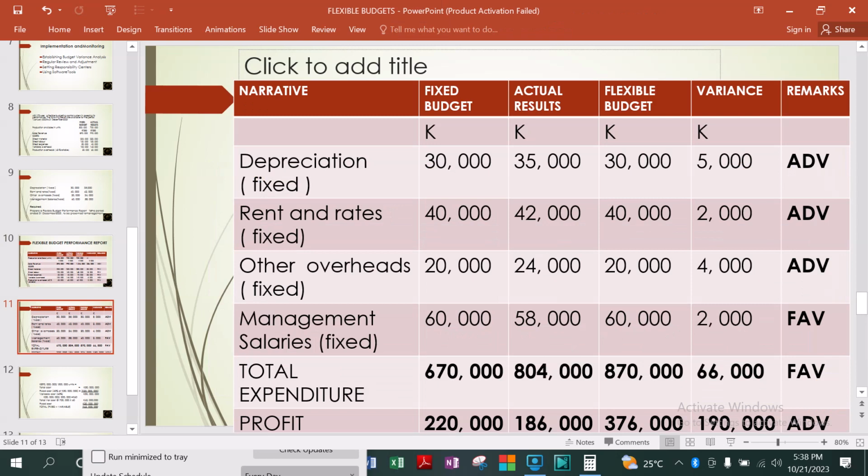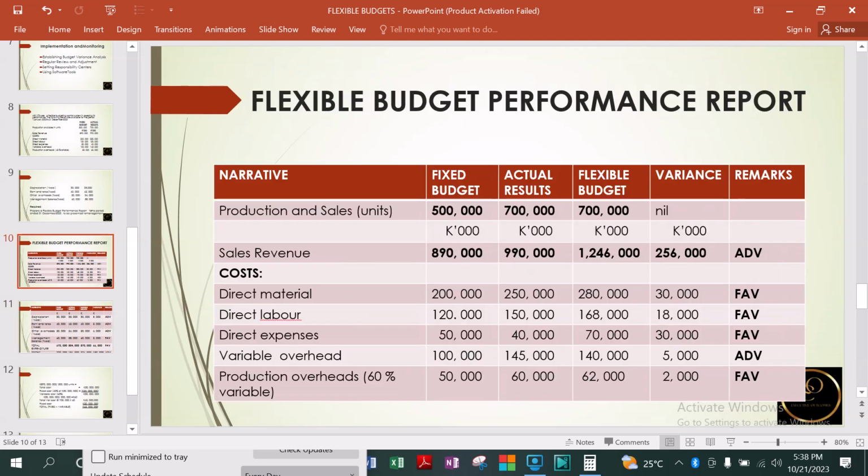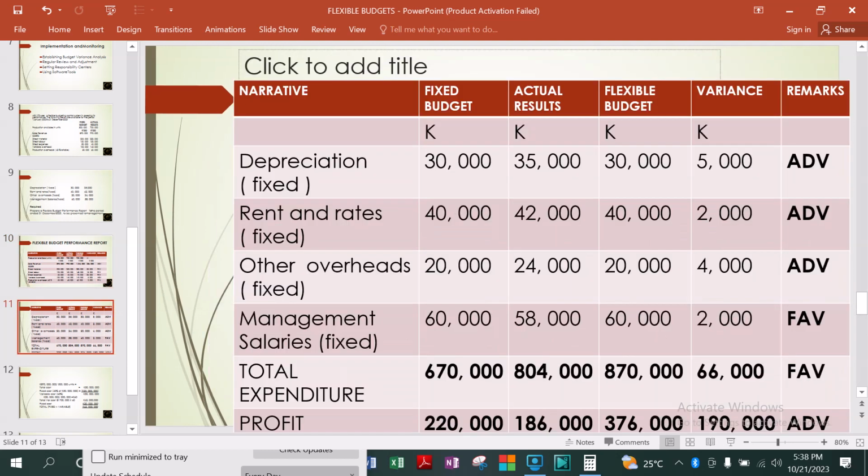We do the same under actual results. We look at the actual of 990 million minus the total expenditure of 804 million, giving us a profit of 186 million. We go to the flex budget.